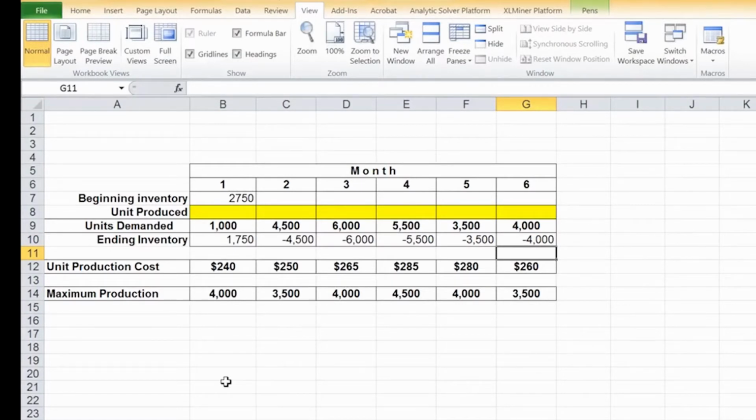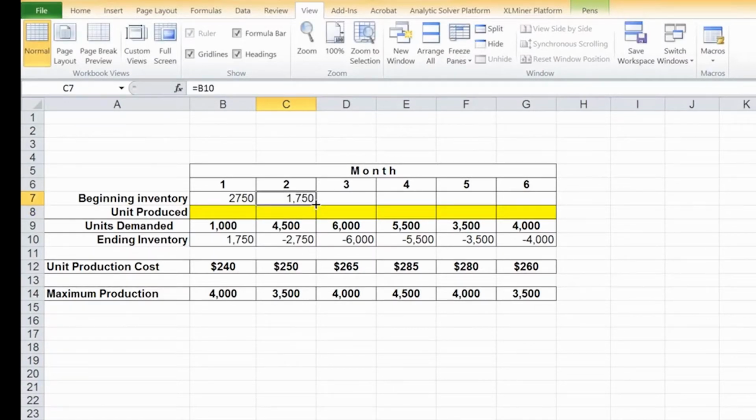And then there is another relationship we need to establish, which is the ending inventory of the first month equals the beginning inventory of the second month. Right? Okay, so here we need to put 2. This equals this here. So that the relationship is defined.